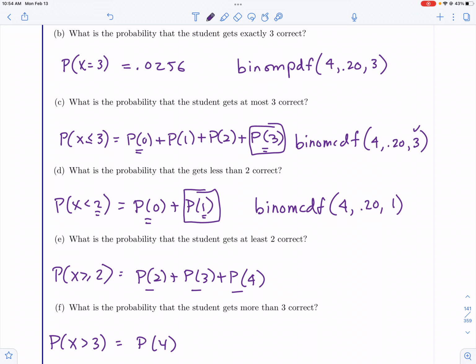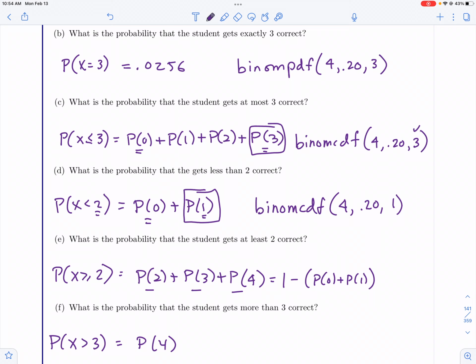So we can use the same approach we did with "not" problems before as a way to answer this. If I thought of this as a "not" problem, then really I'm looking at 1 minus the probability of 0 plus the probability of 1. And if I did that, then I would be left with just the probability of 2, probability of 3, probability of 4.